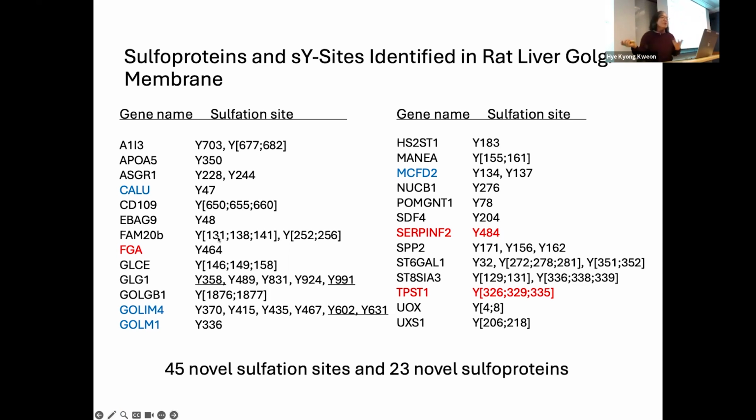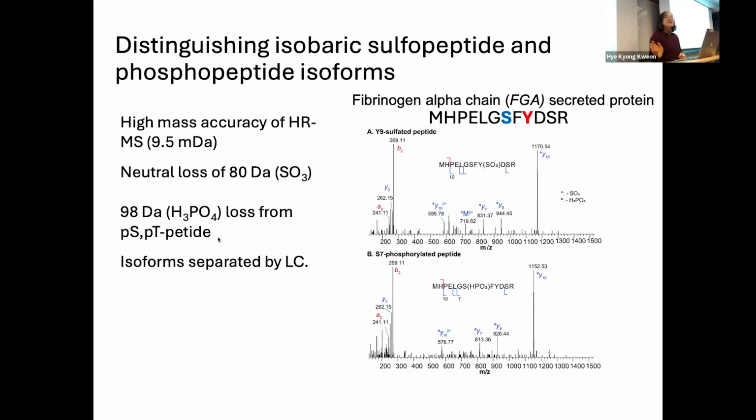Overall, we have 30 site-localized sulfopeptides. Okay, so here, just to show some actual data, I'll show how high-resolution mass spectrometry can distinguish the close isobaric phosphopeptides and sulfopeptides with some examples.